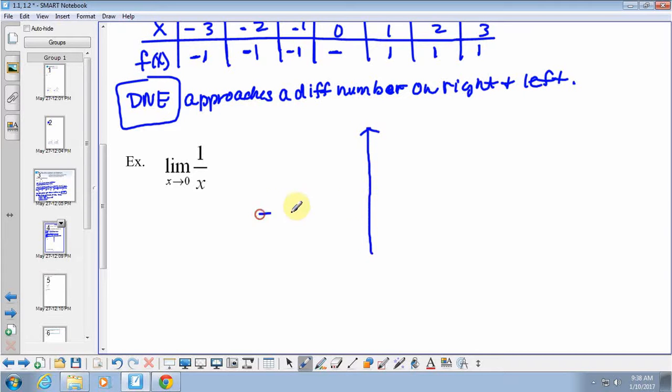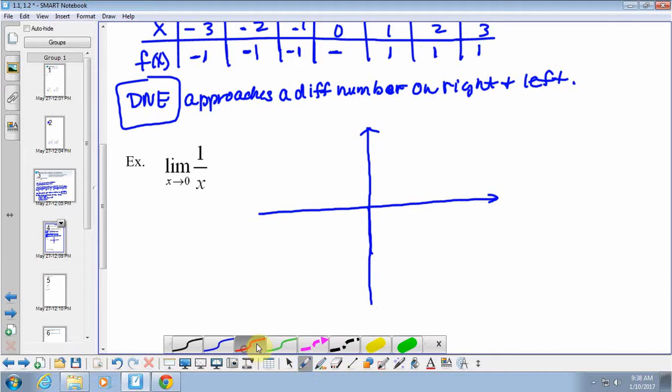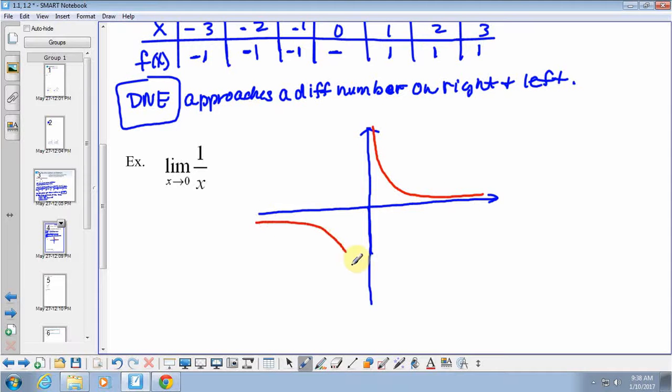In pre-cal algebra, we had some common graphs that we needed to know the shape of. This is the graph of f of x equals 1 over x. It has a vertical asymptote at x equals 0.